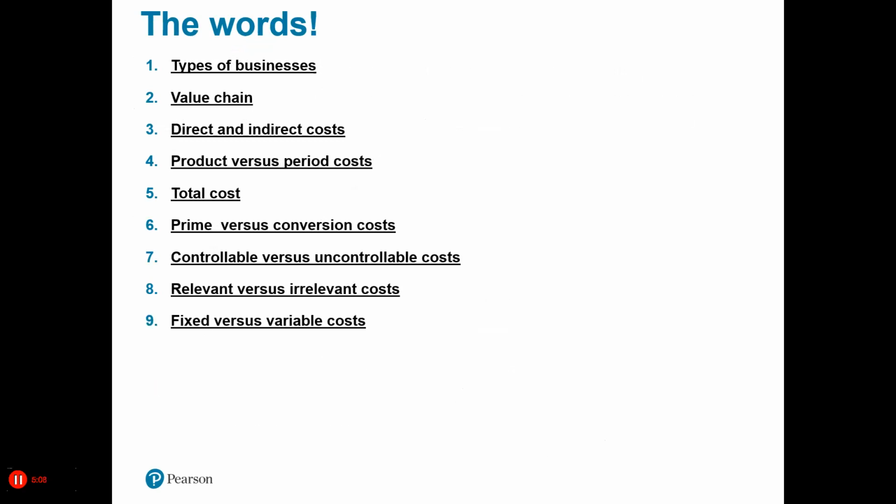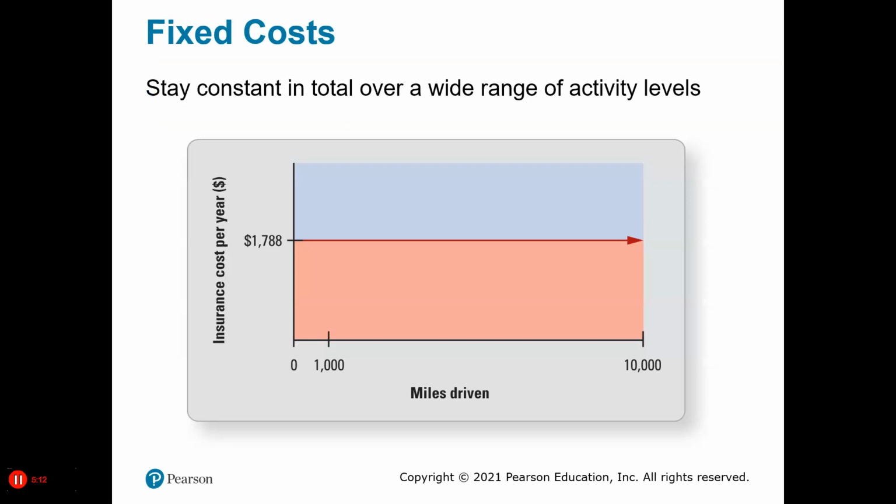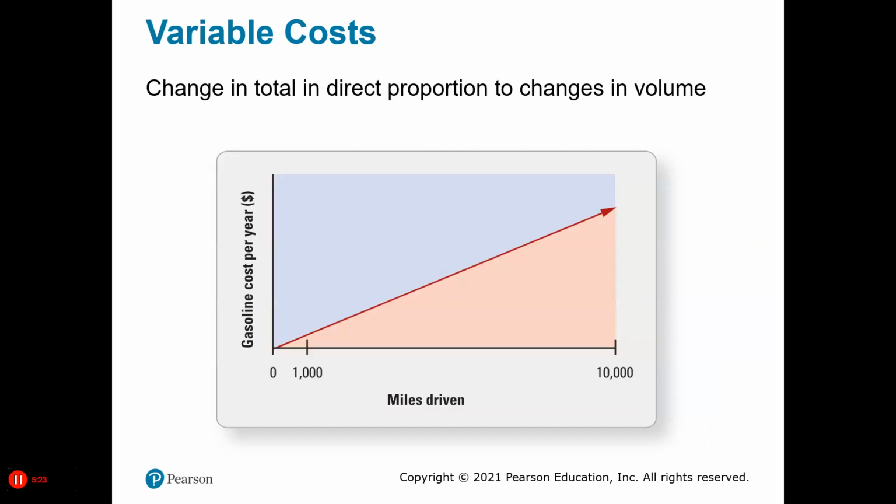Now let's look at fixed versus variable costs. A fixed cost is a cost that doesn't change over the relevant range. A good example would be how much you pay for insurance for the year. Variable costs change as we change volume. An example would be how much you spend on gasoline, directly associated with how many miles you drive.